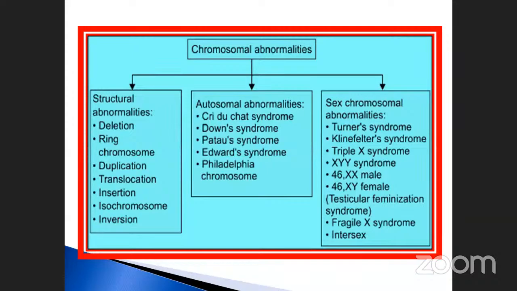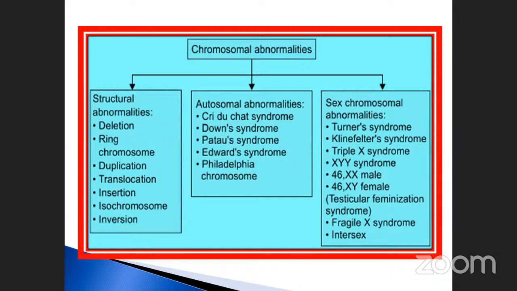What alterations take place in the structural aspects? Deletion, ring chromosome, duplication, translocation, insertion, isochromosome, inversion.